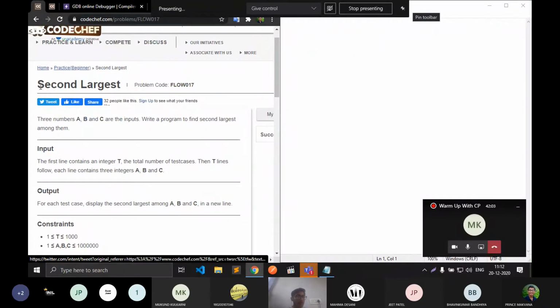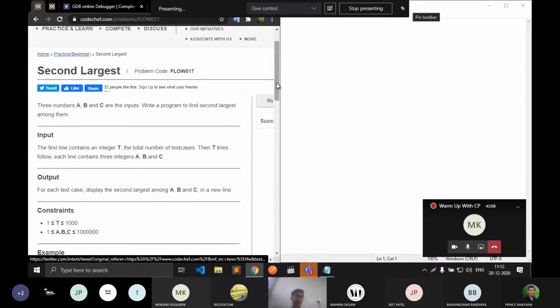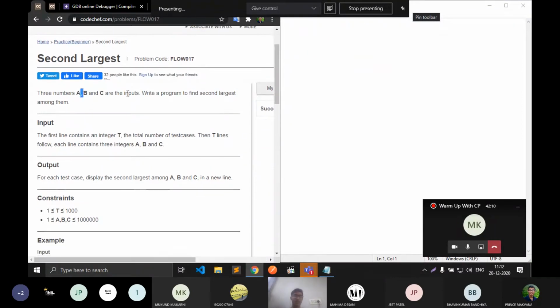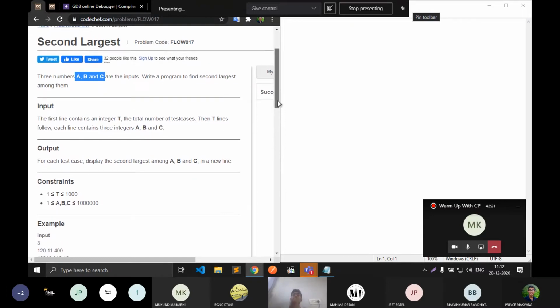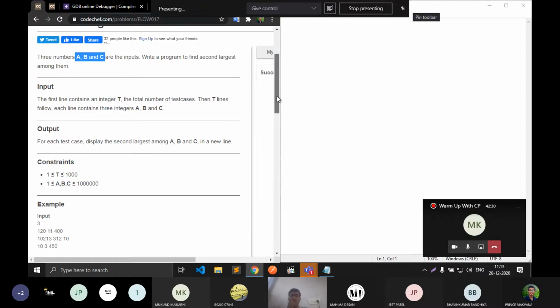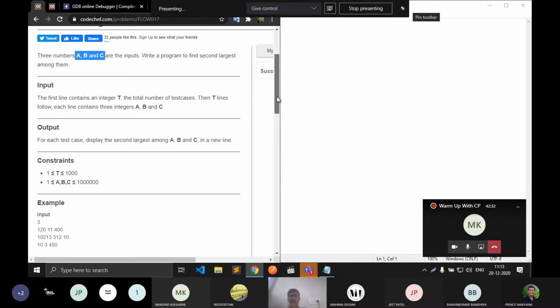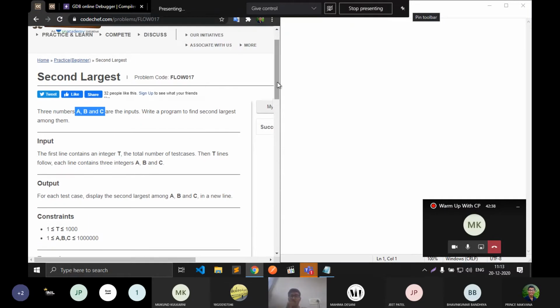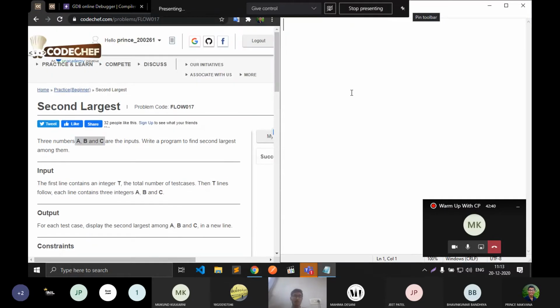In sorting, they want the second largest from three numbers. What is the second largest number? It is just from three numbers, so we get it from if else conditions. But if they want input from the user, and how many numbers they want, and to get the second largest from it, it is difficult because it is dynamic.